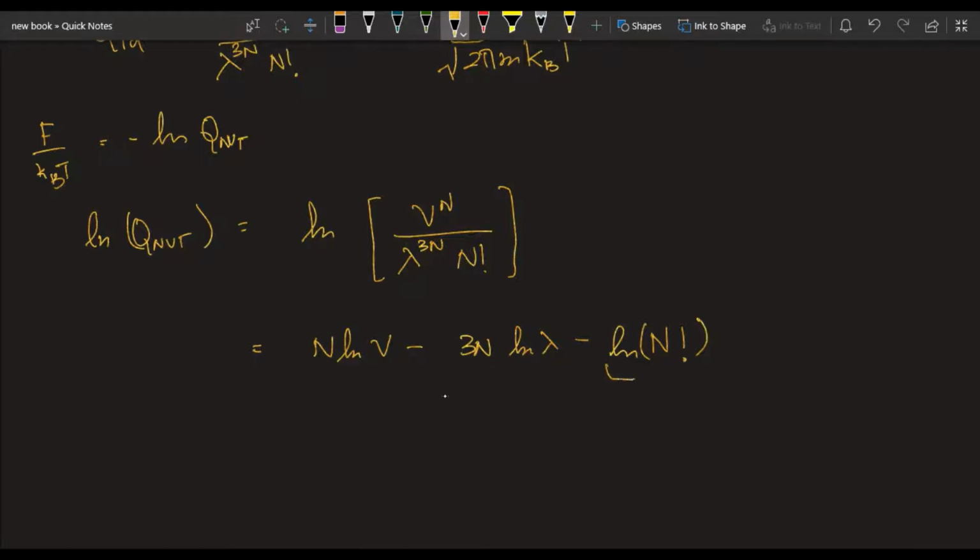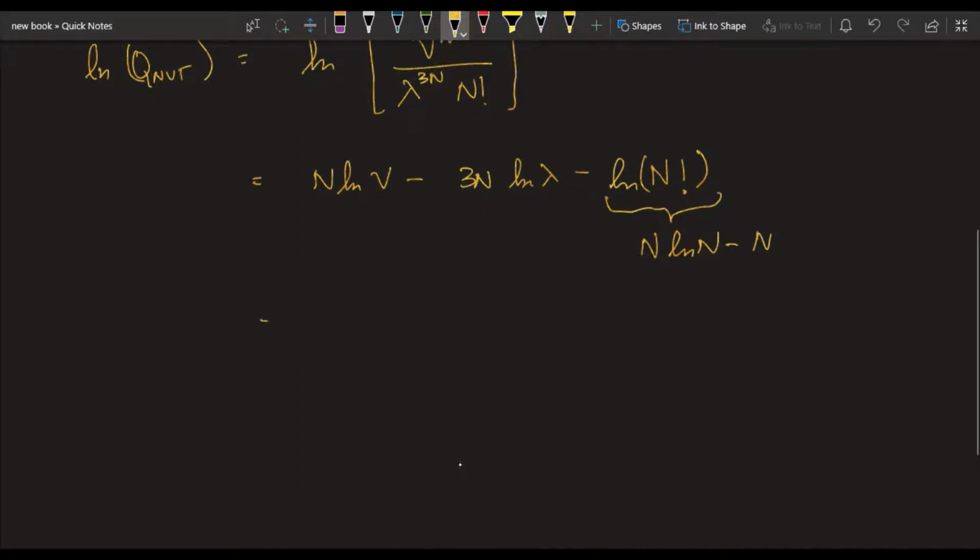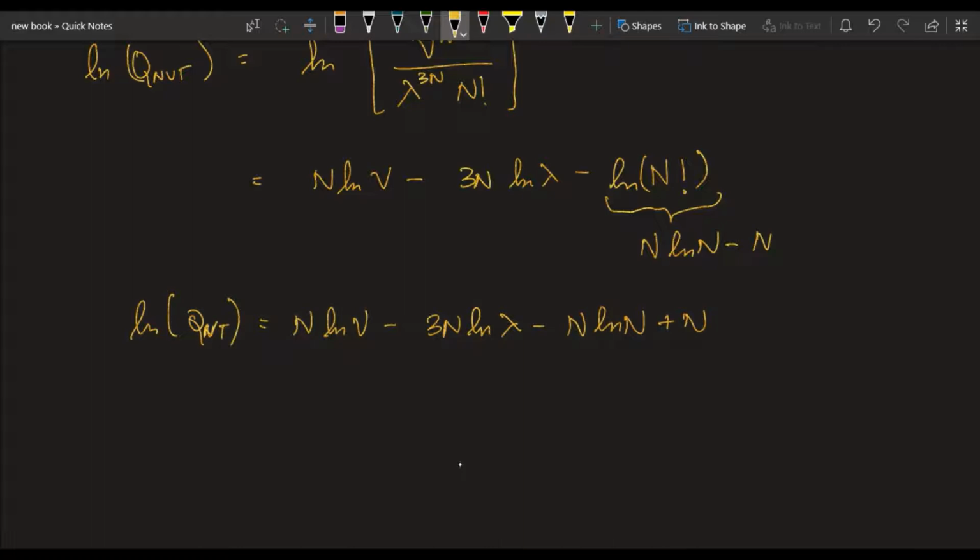So we can expand this as n ln n minus n. So let's do that. Okay, now that we have the expansion of the log of the partition function, let's go ahead and derive the free energy.